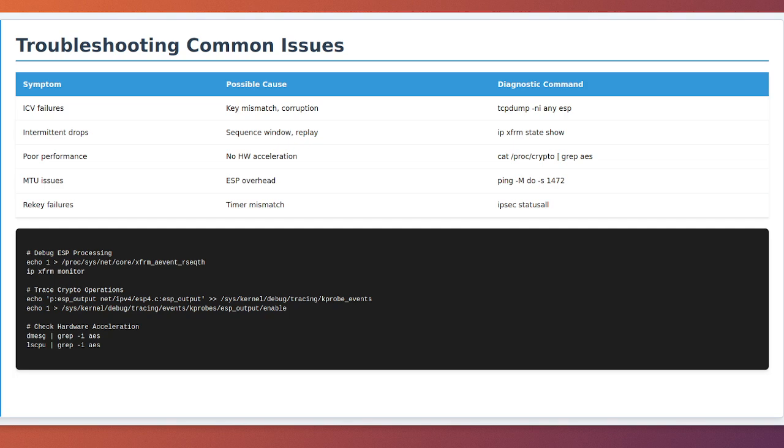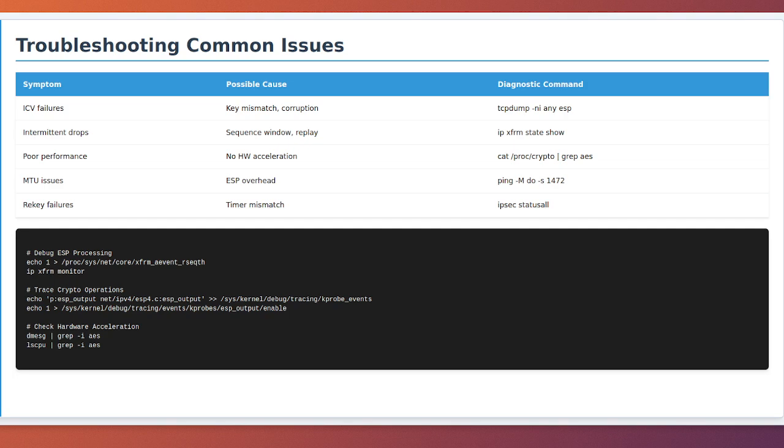MTU and fragmentation problems are particularly common with ESP, because the encryption and ESP headers add overhead to every packet. A typical ESP packet adds 36 to 57 bytes of overhead, depending on the algorithms used. If your original packets are already close to the path MTU, ESP encapsulation will cause fragmentation, dramatically impacting performance.